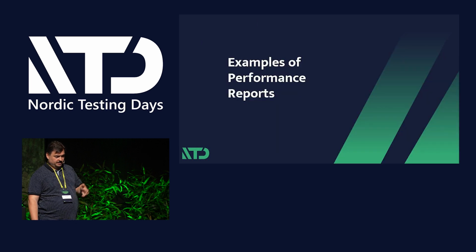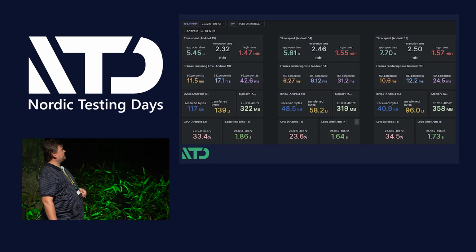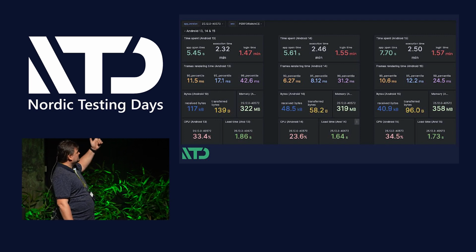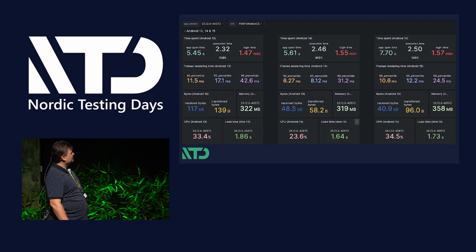Here are some examples. It's not so user-friendly, let's say. It's a lot of numbers, but here we can see the release number, application version, the performance environment used, and the difference between Android devices. As you can see, the login time is bigger on Android 15 than, for example, Android 13.